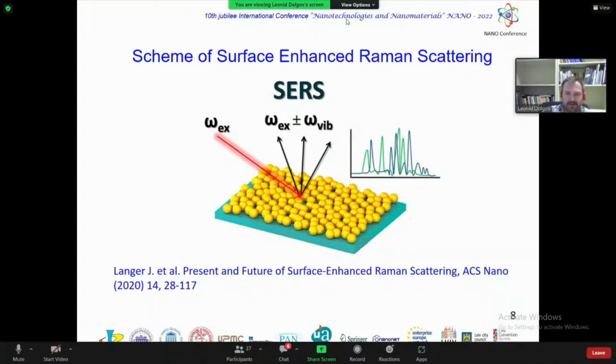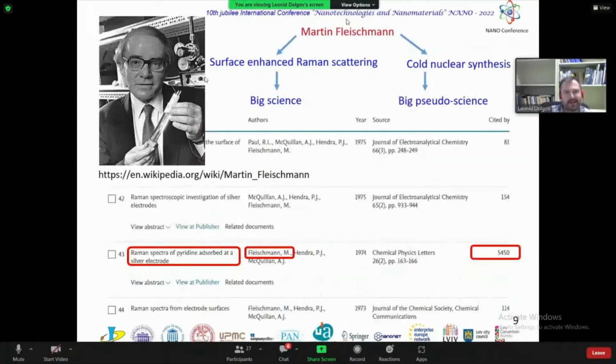Usually this effect is very small, but in 1974 Professor Martin Fleischmann recognized that it's possible to obtain several orders of enhancement of the Raman effect when you deposit the analyte on top of a nanoparticle surface.